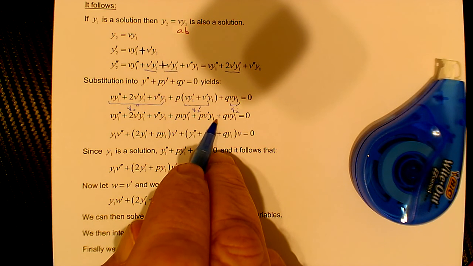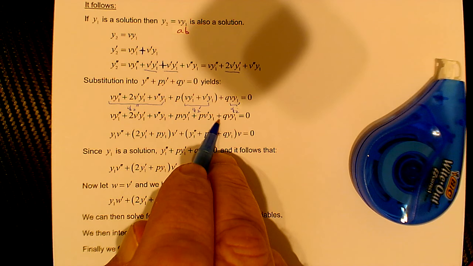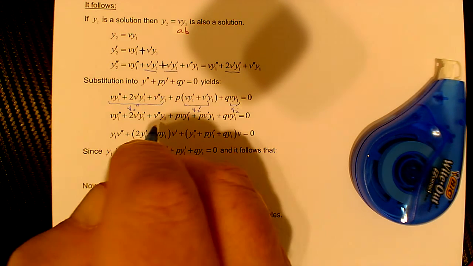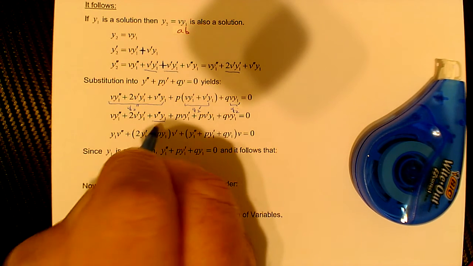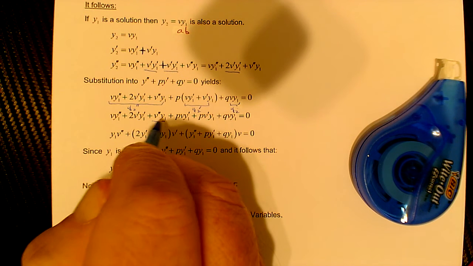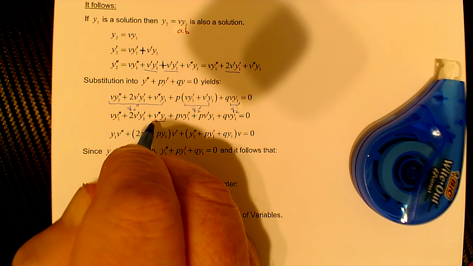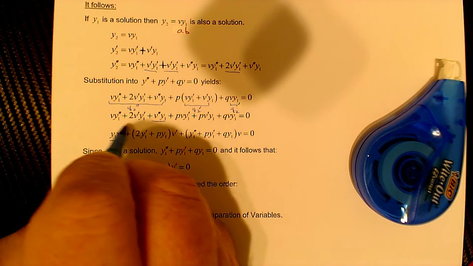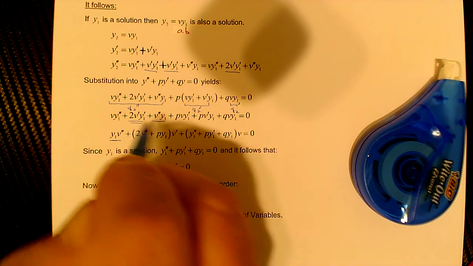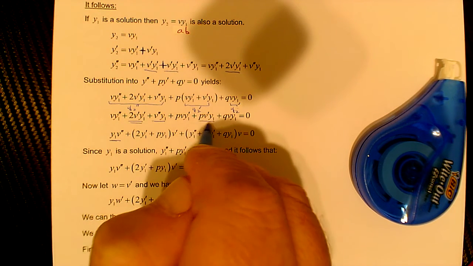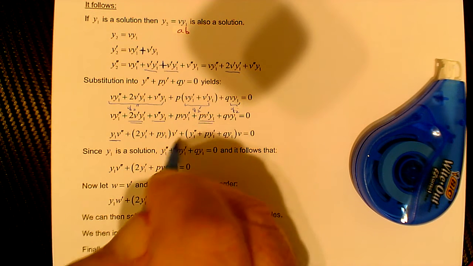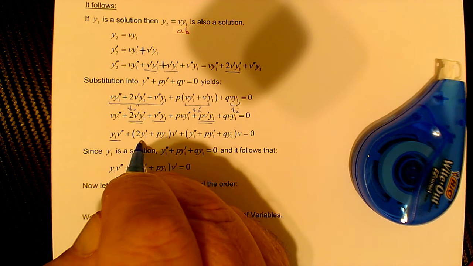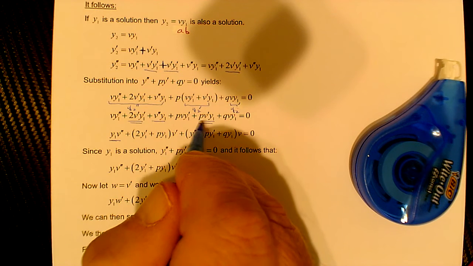And then we gathered things together with regards to the v's. That is, we have the v double prime here, and I put the y's, the functions that weren't involving v, out in front. I listed those first. So here's the v double prime. Let's look for some v primes. Okay, so from those two terms, factored out of v prime, we were left with 2y1 prime plus py1.